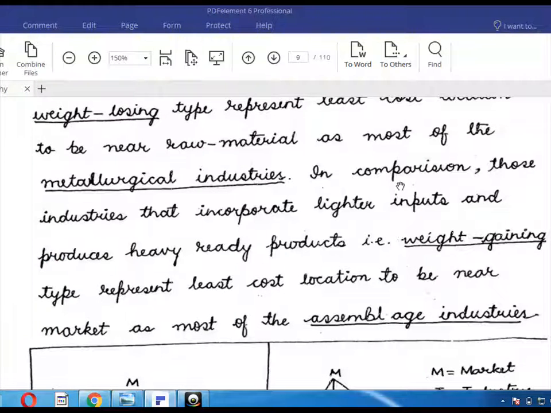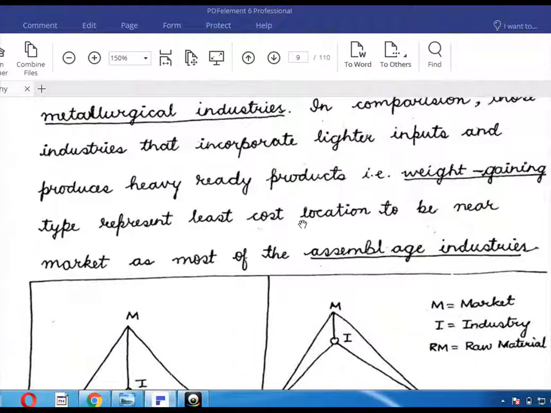In comparison, market oriented industries are those that incorporate lighter goods and produce heavy finished products. That is the weight gaining type, whose least cost location is near the market, as in most of the assemblage industries.